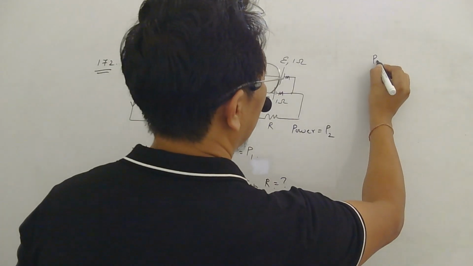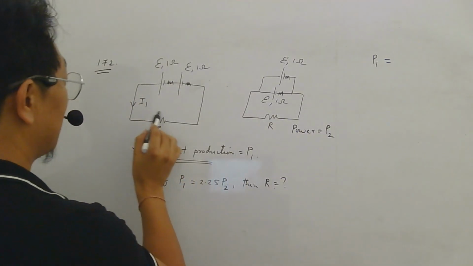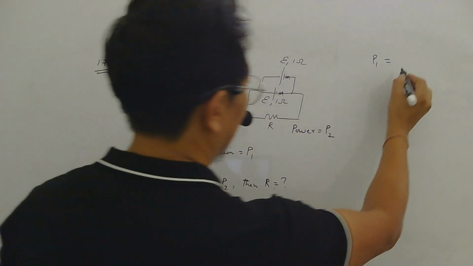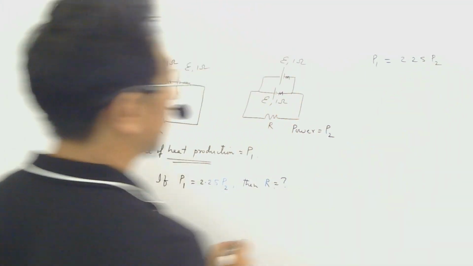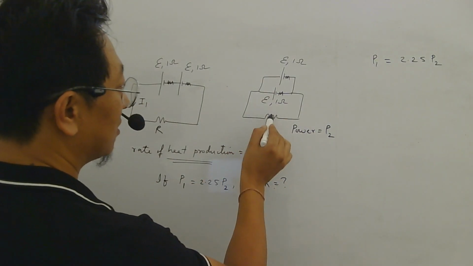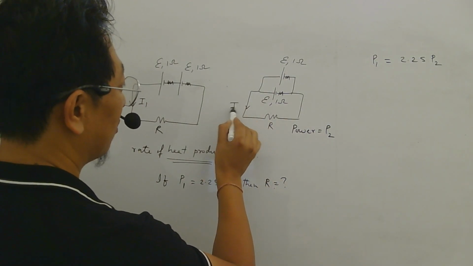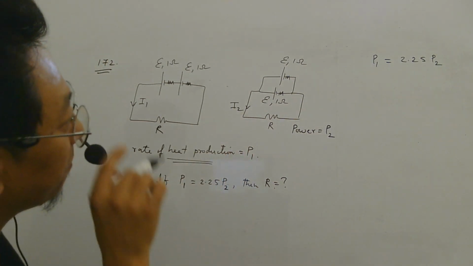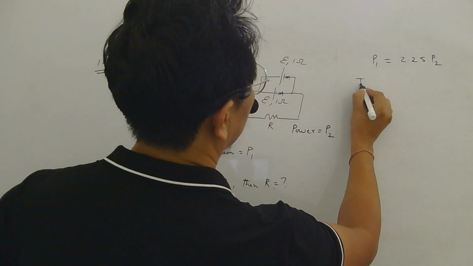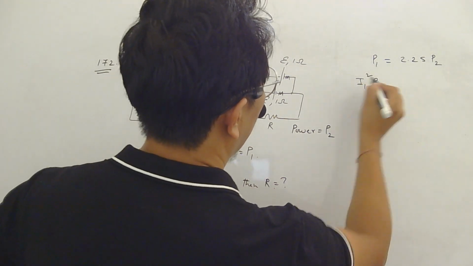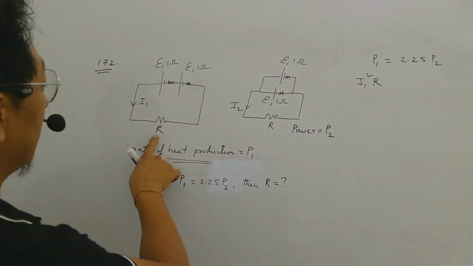So P1, which is power consumed by the resistor in the first case, is 2.25 times power consumed by the same resistor in the second case. Current here will be different. Let's say I2. Now what is P1 here? Power consumed by resistor, I square into R. R is same here in both cases.